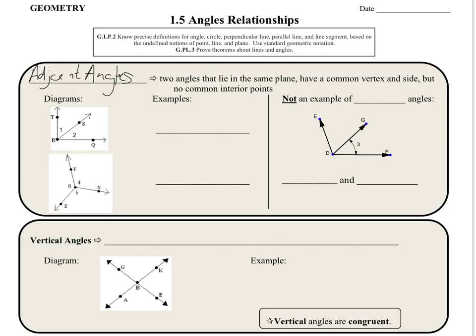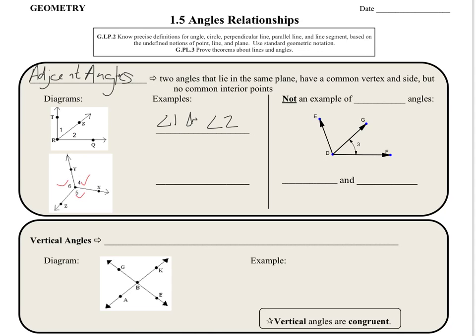So when we look at our diagram, two angles that are side by side are angle 1 and angle 2. Now we look at our second diagram, and we have angles 4, 5, and 6. Now remember, two angles that are adjacent mean that they are side by side again.